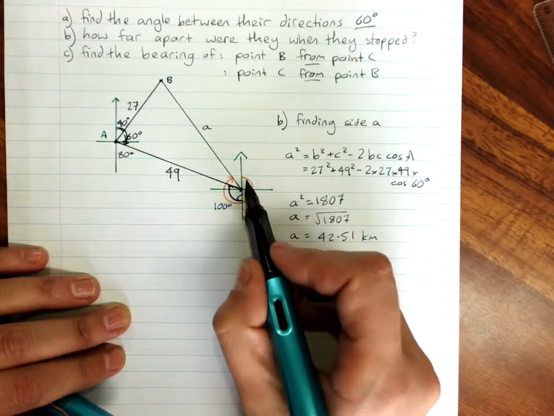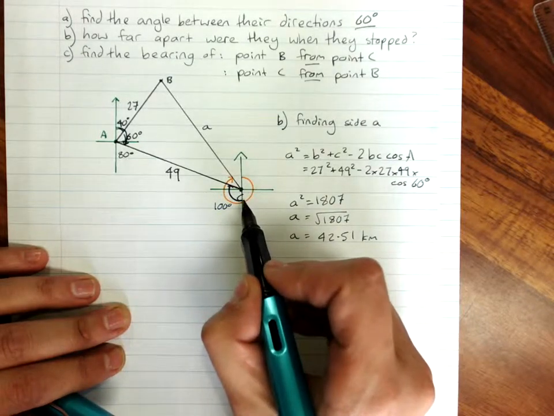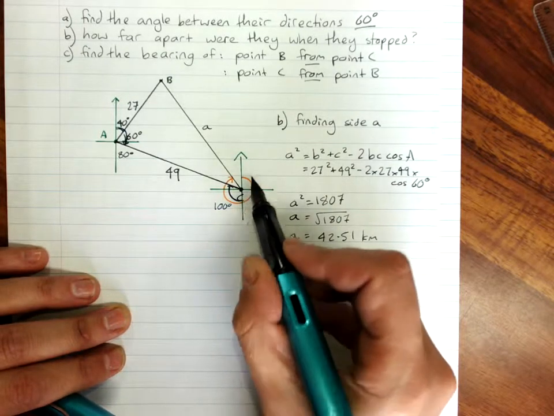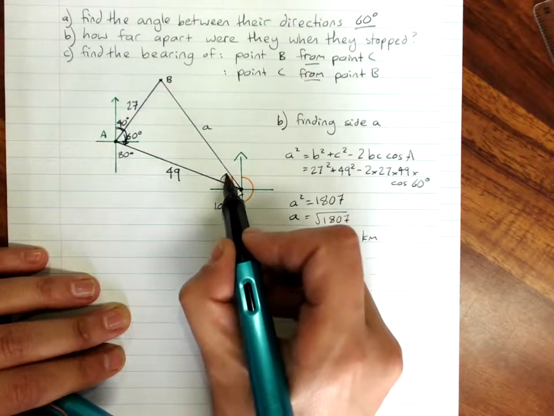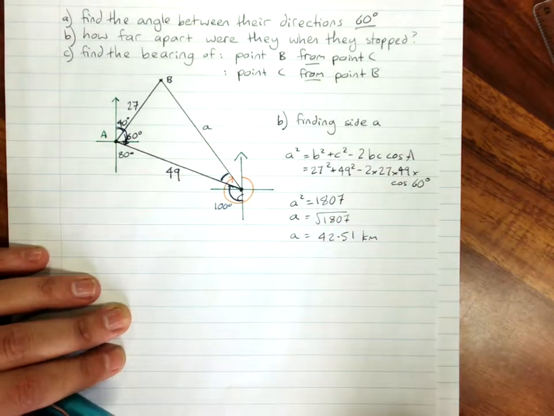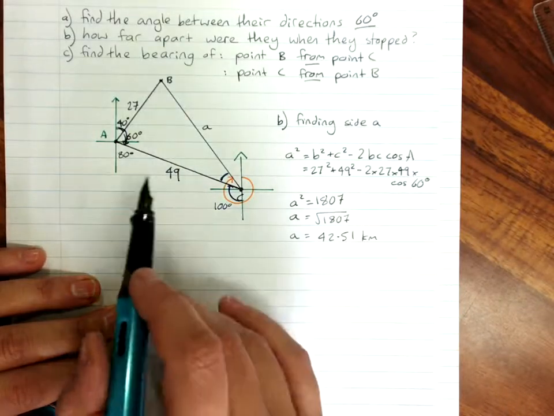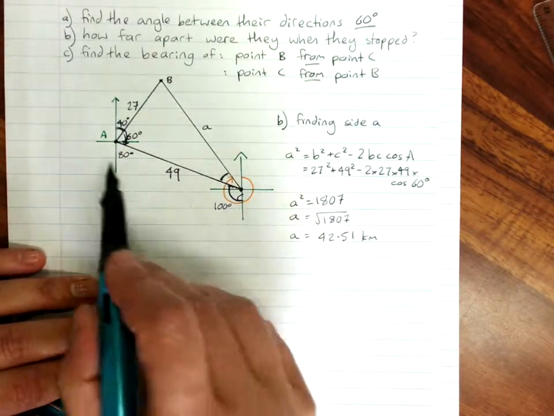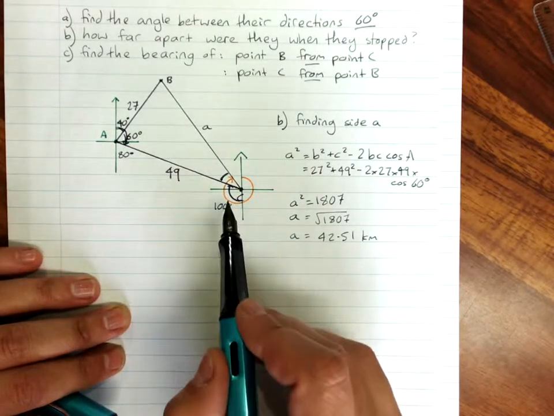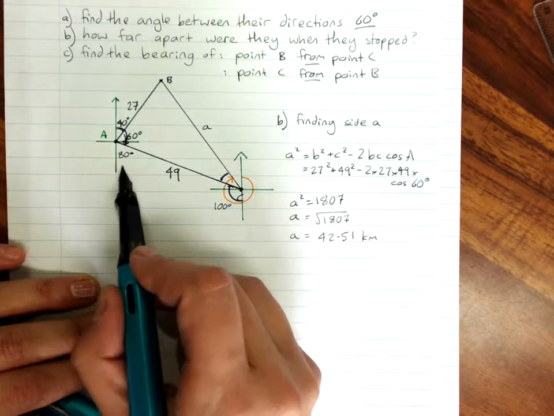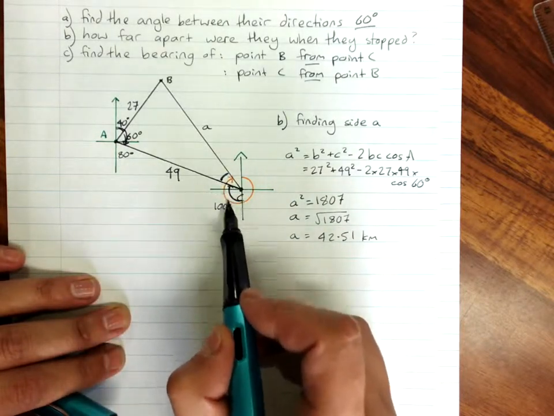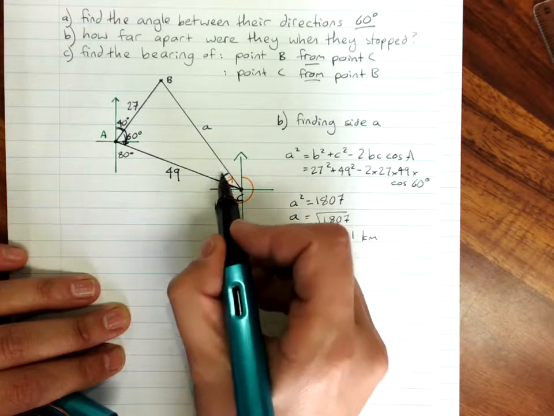I know I've got 180 all the way around here, so the only angle I need to find is this one in there. So using that alternate pair of angles is really, really important. You could have used the 80 degrees on this side or the 100 degrees there. So we find this angle.